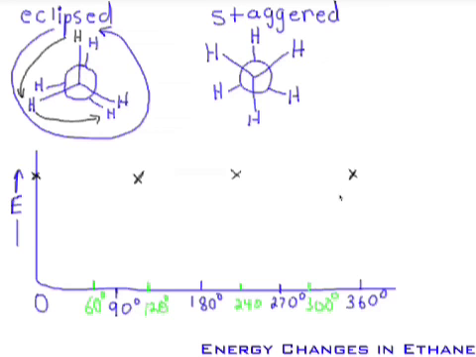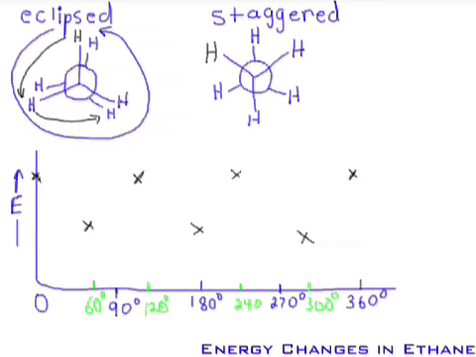Now, when it rotates halfway, it is to this stage. How far is that? Well, that's half of the 120 rotation. That's 60. And we're going to make that a minimum energy. So here's the 60. How far is it to the next? Well, that's 180. And the next one, that's 300.